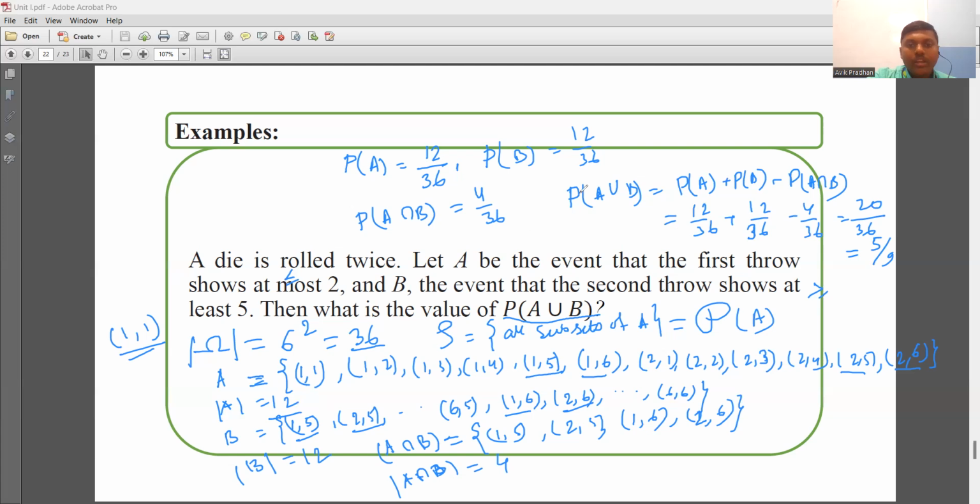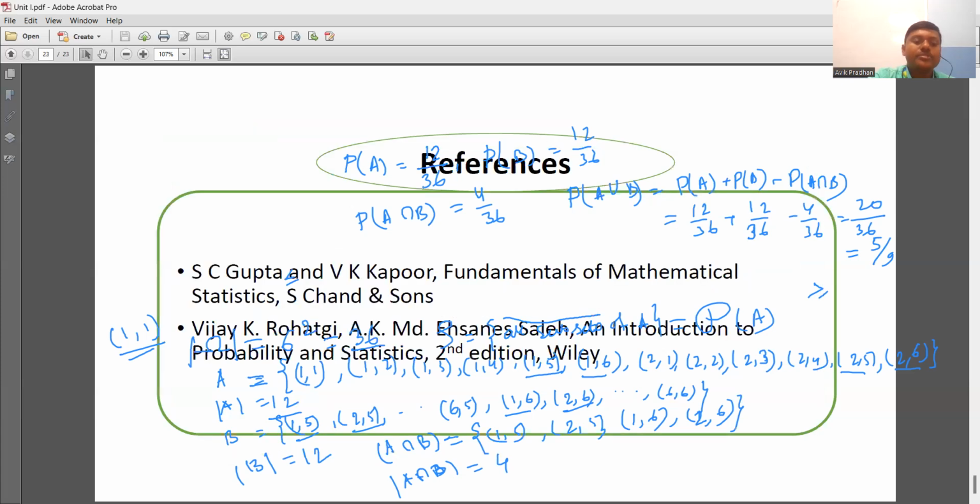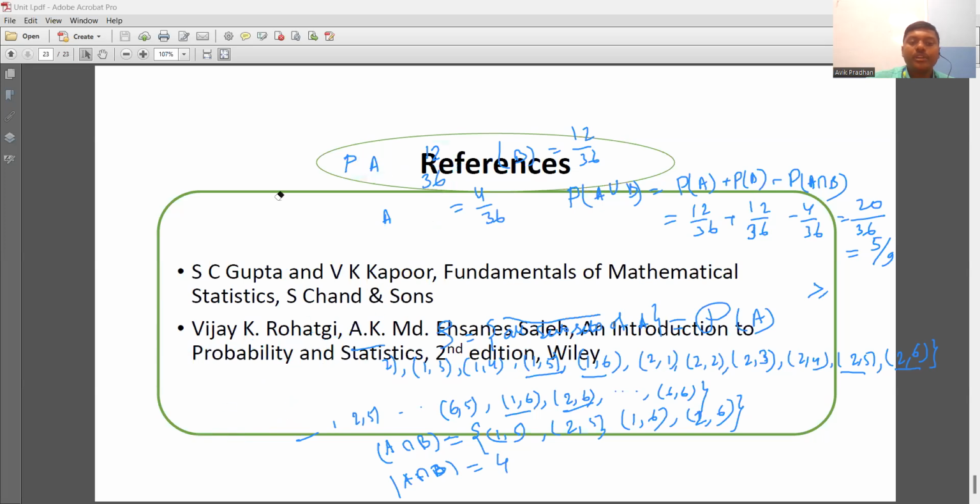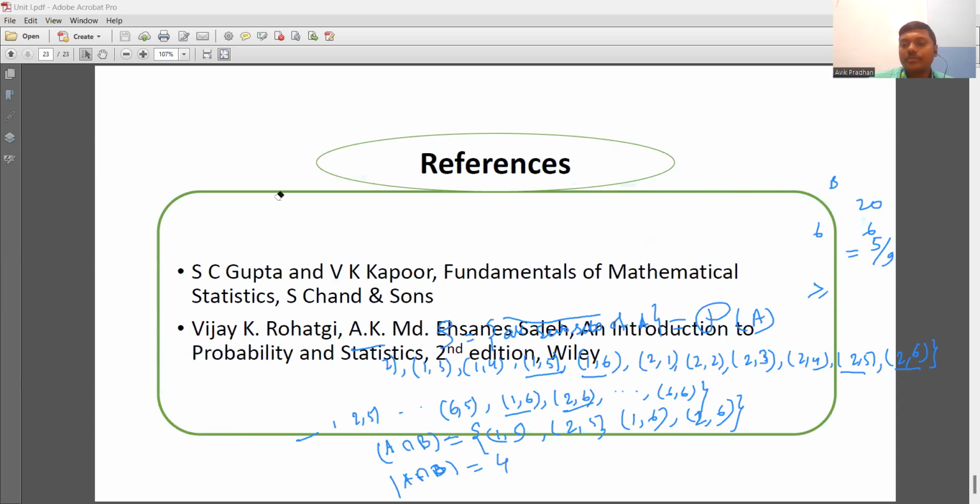All these slides were prepared from two books. We follow these two books. One book is Gupta and Kapur, Fundamentals of Mathematical Statistics, published by S. Chand and Sons.